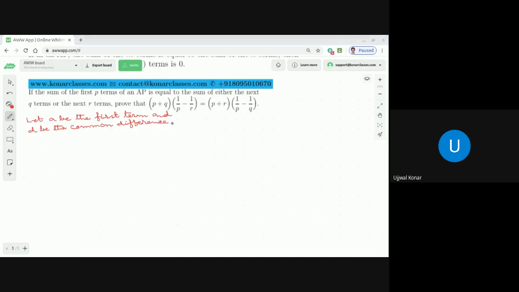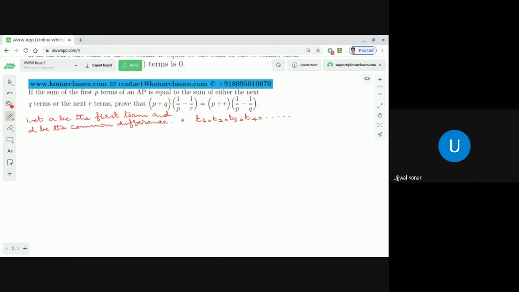Then, according to the question, the sum of the first P terms is equal to the sum of the next Q terms. So let's assume that the arithmetic progression is something like this: T1, T2, T3, T4, and so on.